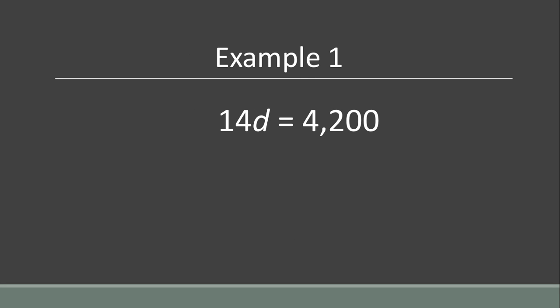So here we have 14D is equal to 4,200. Just a reminder, 14D means 14 times D. So since this starts as a multiplication problem, we need to use division to solve it. The inverse operation of multiplication is division.